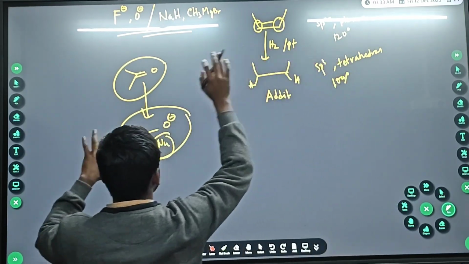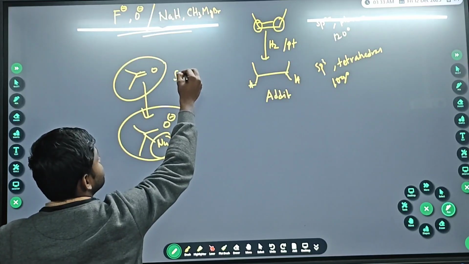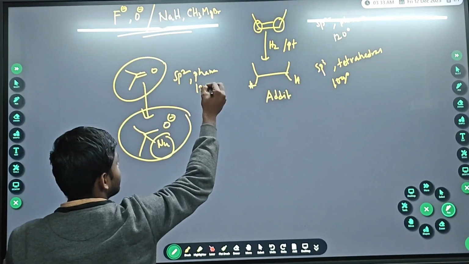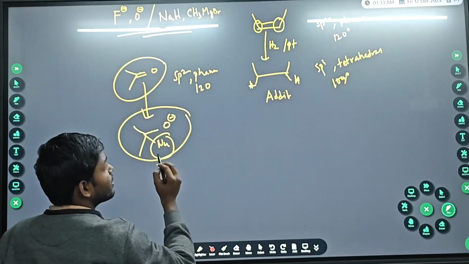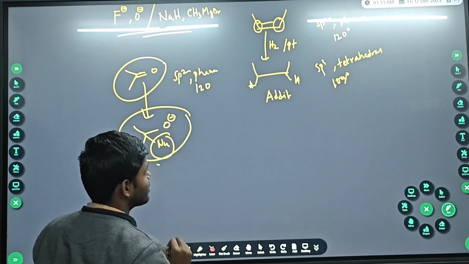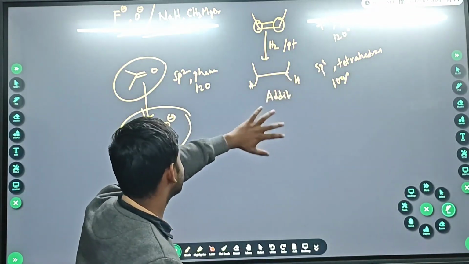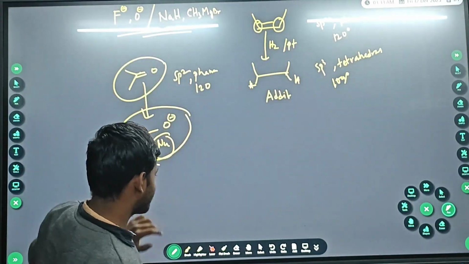The same case also happens here. Let's say this is also sp2 planar, 120 degree. Same, this sp3 is also tetrahedral, 109 degree. So these are the addition reaction features.